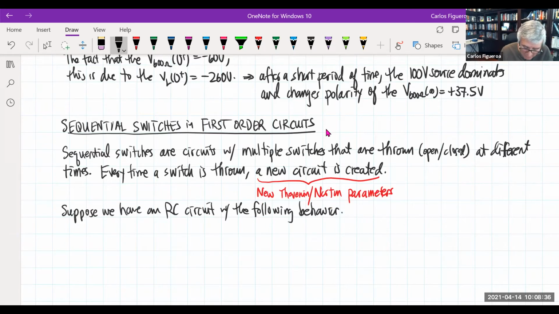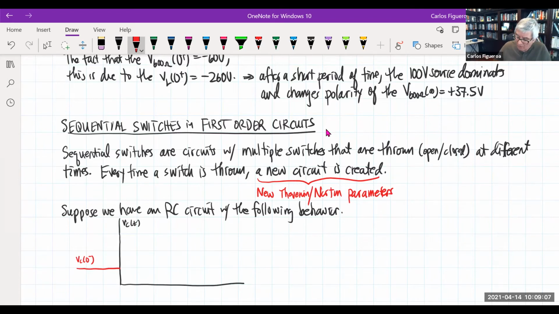Okay, so what I'm going to do here is set this guy up to look like this. And of course, I'm plotting VC of t. So let's say that I have the first circuit. Well, if I have a first circuit, what that really means here is that I'm coming in at what? Some initial value for the system.